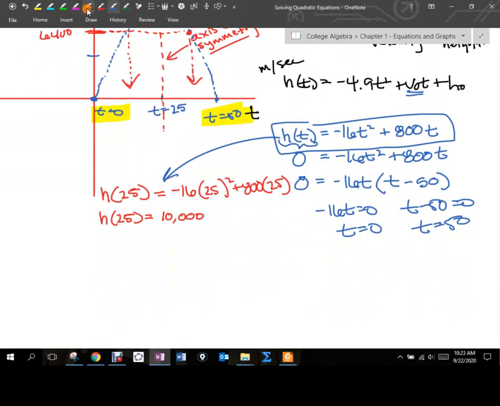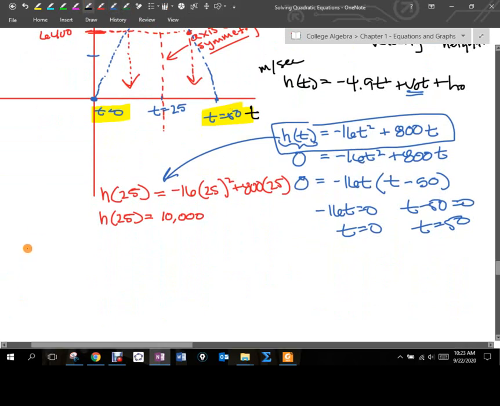Well, it's the same exact procedure we've gone through. H of t is equal to negative 16t squared plus 800t. Initially, we wanted our height to be 0, right? That's what we were interested in. Let's now let it be 6,400.